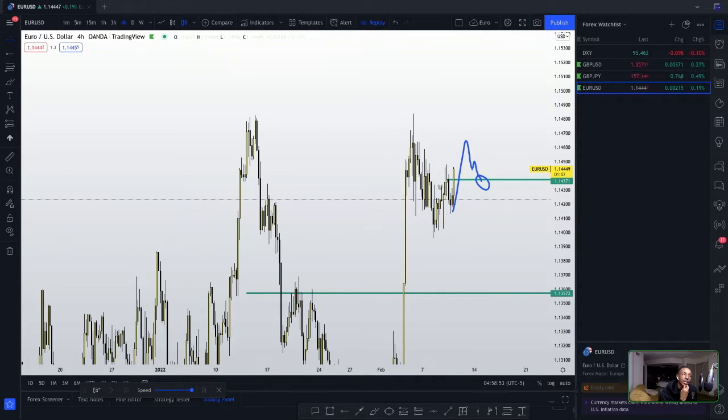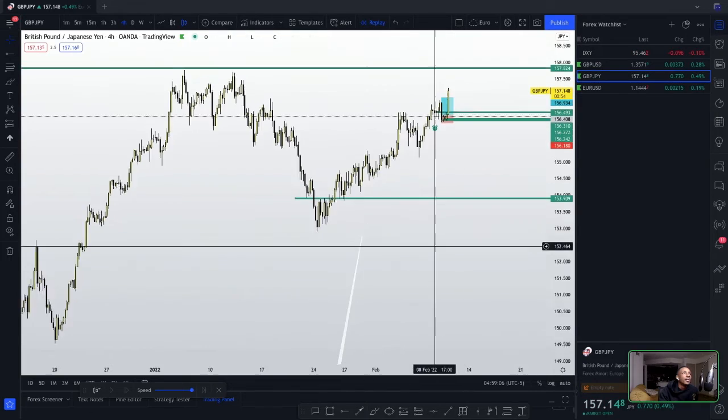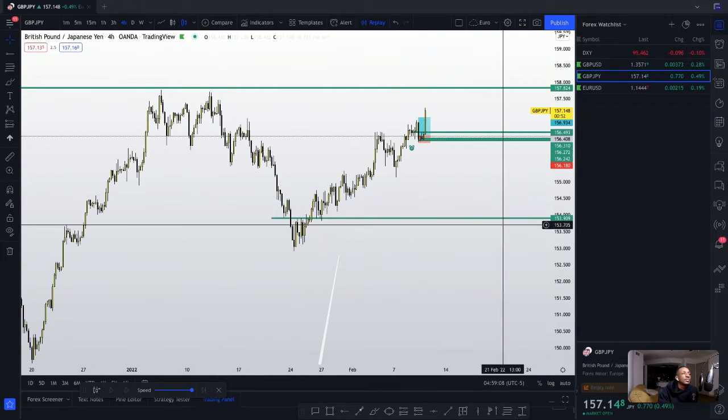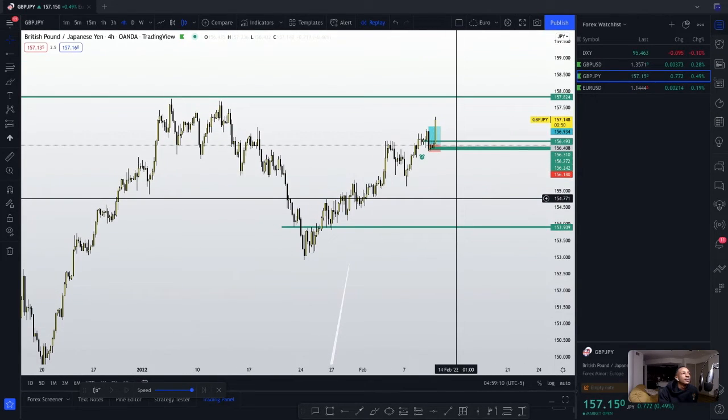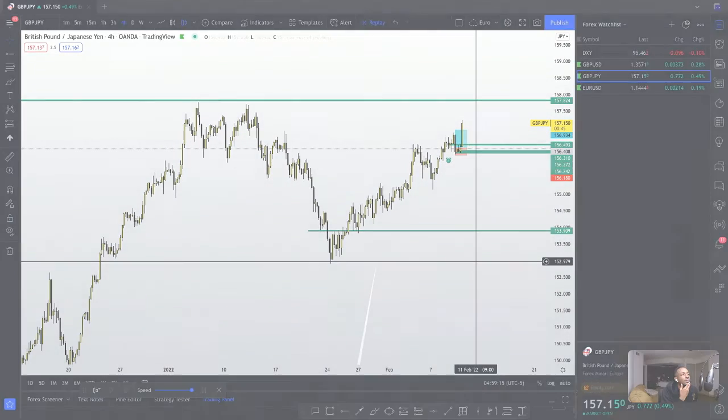Like, what area are you in? Are you trying to buy in an area where sellers are definitely going to try to step in? Are you trying to sell in areas where buyers are definitely going to try to step in? Are you entering in an area where the market is very uncertain? You know what I mean? You can definitely add parameters around it to start grading those setups.